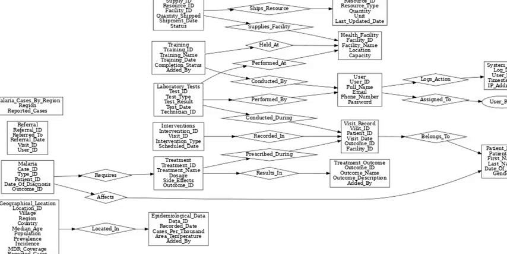So we can now go to the training and the relationship between the training and the health facility. In training, we have the training ID, training name, training date, completion status, and then the person who has added that information. Then when we go to the health facility, we have the facility ID, the facility name, and then the location of that specific facility, and then the capacity it holds.